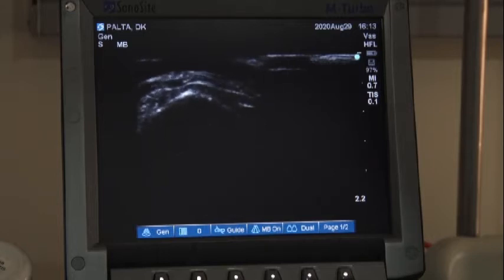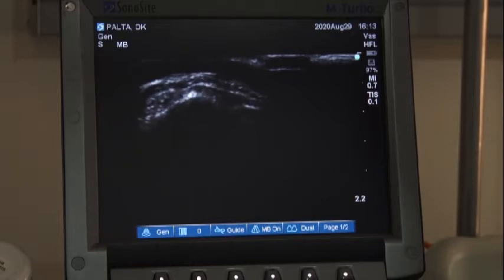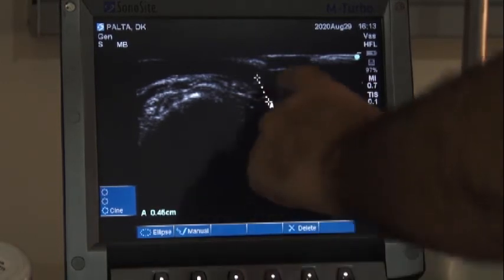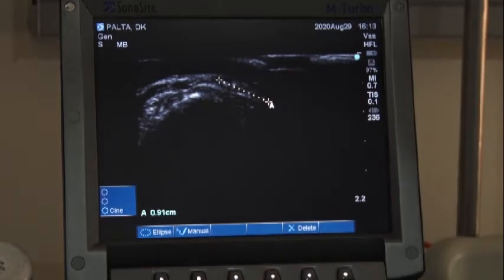I'm applying minimal pressure because I want to take the diameter of the juxta anastomotic segment. This is the anastomosis here, and from there is the juxta anastomotic segment. I am taking its diameter first. So it's around 2.3 mm.